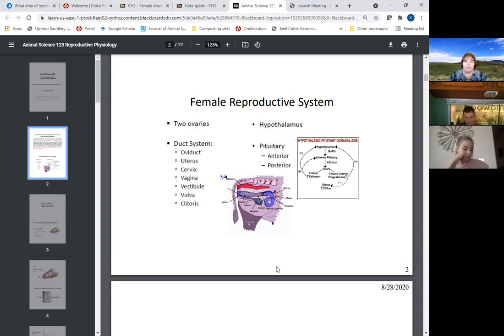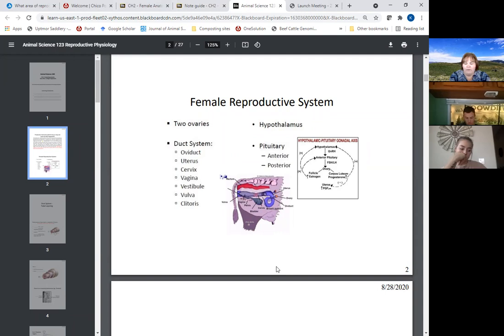Together, those two components are called the pituitary. And the pituitary sits right below the hypothalamus, and it is really directly above the roof of your mouth if you need some orientation for where that organ sits in your body. And so the hypothalamus, the pituitary gland, and the ovary and the reproductive system all make up the female reproductive system.